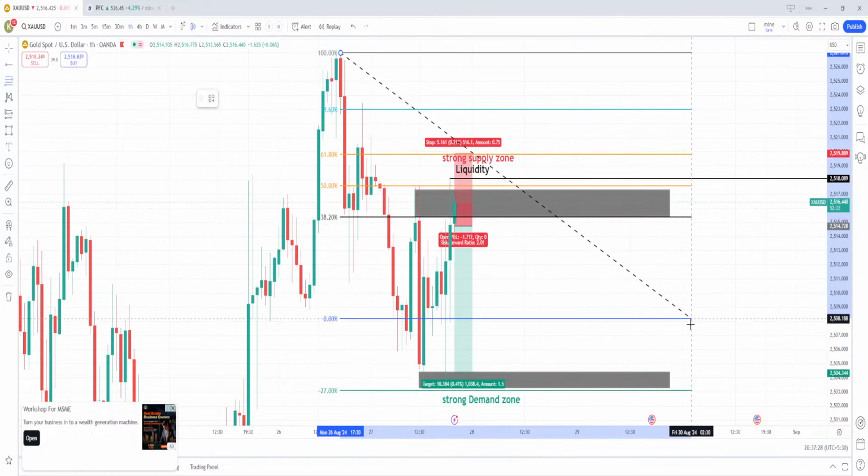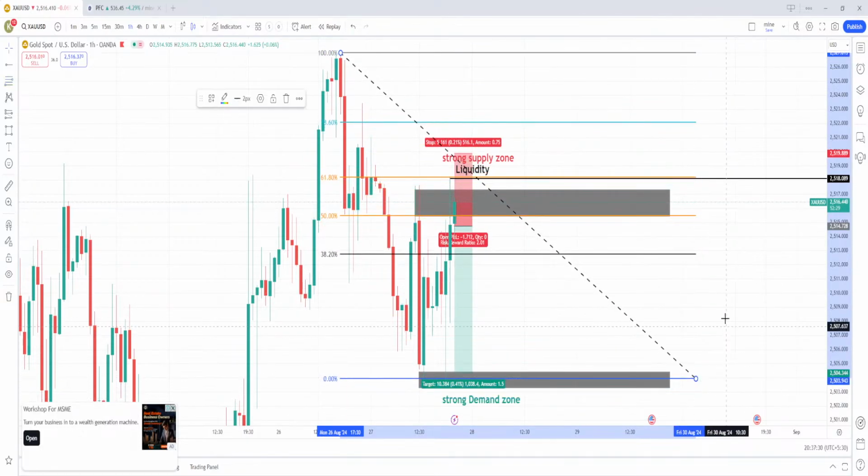Here you can clearly see the price got rejected from the golden zone 61.8. So we get more confirmation by using supply and demand zones, and then by using Fibonacci retracement the price got rejected from the golden zone.